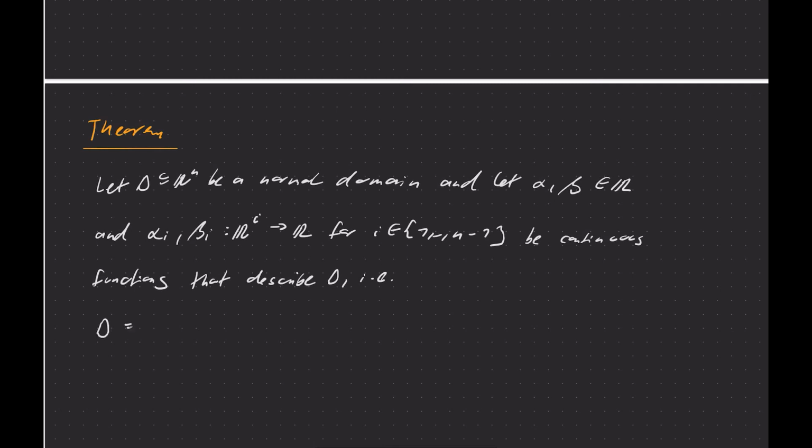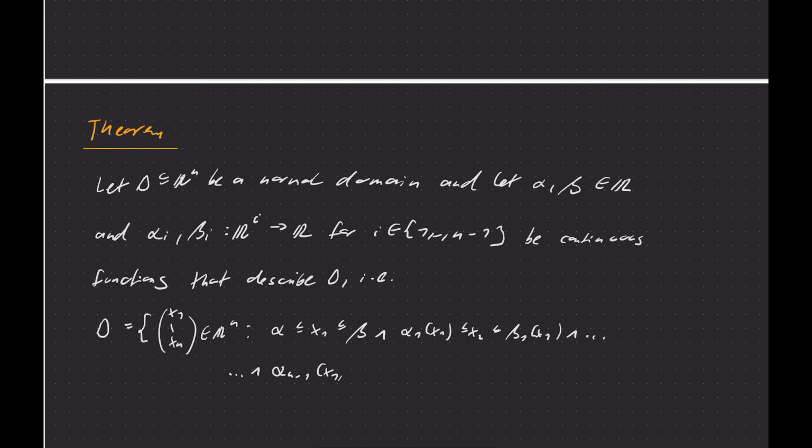meaning D, the normal domain, is the set of all x1 to xn in R to the n, where alpha is less or equal to x1 is less or equal to beta, and alpha 1 of x1 is less or equal to x2 is less or equal to beta 1 of x1, and so on, up to alpha n minus 1 of x1 to xn minus 1 is less or equal to xn is less or equal to beta n minus 1 of x1 to xn minus 1.